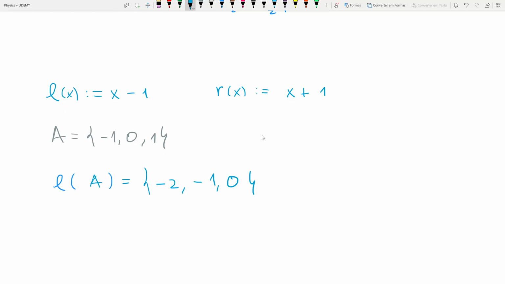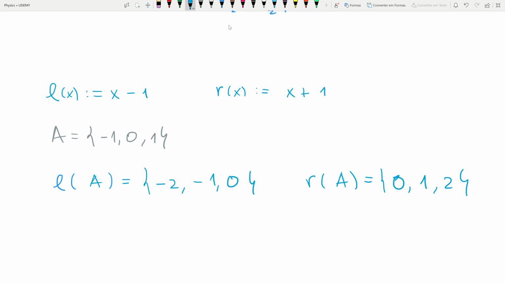So the entire thing shifted to the left. Analogously, if I act now with R on the set A, what do I get? Well, I just add to each one of these elements the number 1. And so I get 0, 1, and 2.